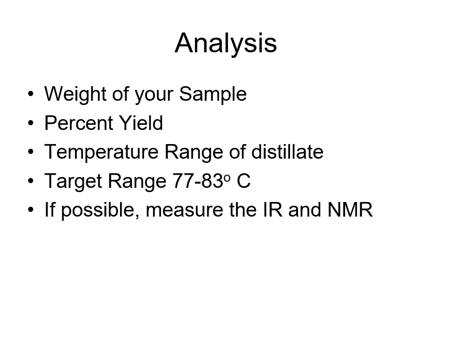So after you've done your reaction, you've done all the procedures, the workup and everything, you would want to take the weight of your sample and calculate the percent yield, as we've discussed previously. You also want to keep track of the temperature range of this distillate. The range should be between 77 and 83 degrees Celsius.